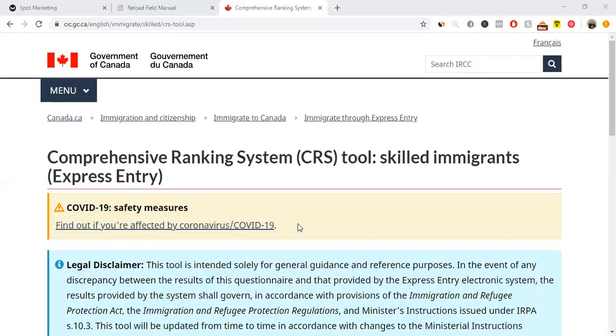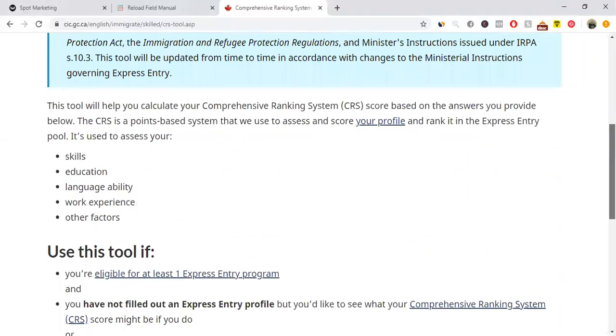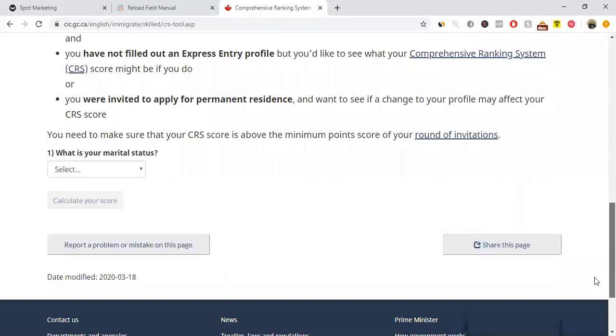So, right on this page, when you go to the CIC website, you can come to the CRS tool, which is a comprehensive ranking system, so that you can assess yourself based on what you want to do.